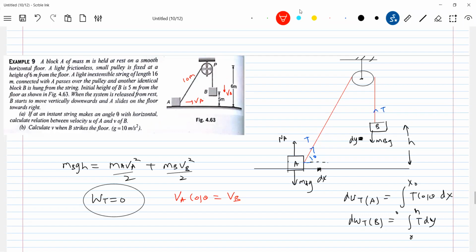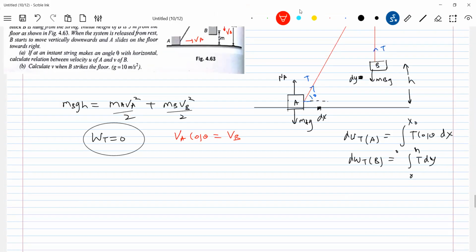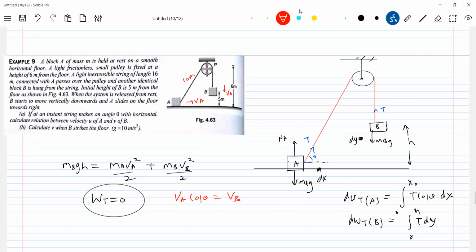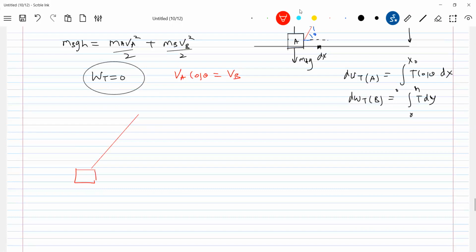And when he's asking when block B reaches the ground, the length of the rope will become 6 meter. So the equation will be like this. When block B reaches the ground, this is 6 meter.